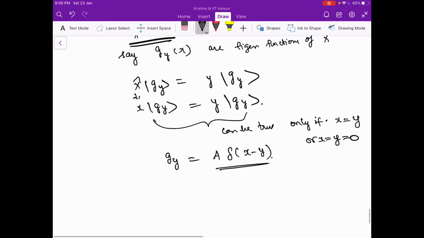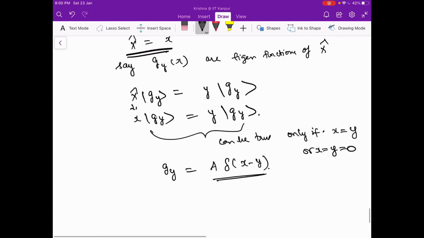And once again, how do we find a? We normalize. Assume y is some other value. I think maybe this y can be a little bit confusing, but let me tell you what I mean by this y. Okay, maybe I should just use x prime.